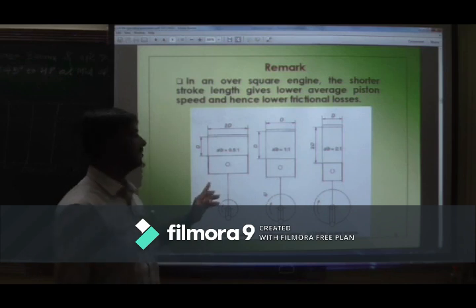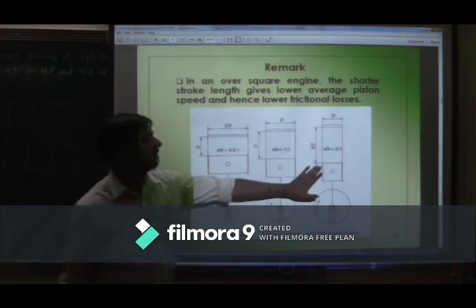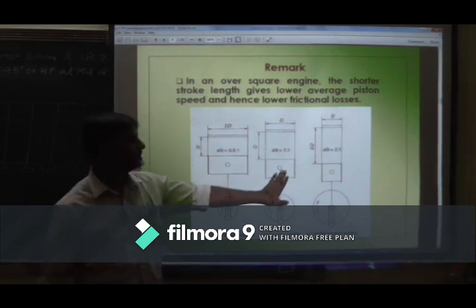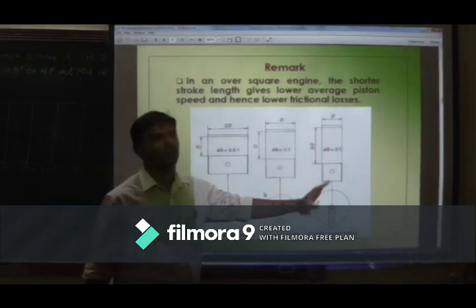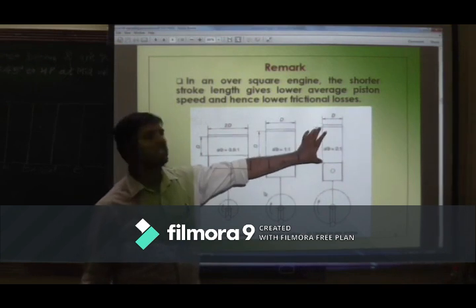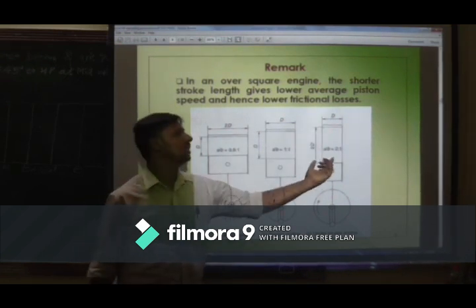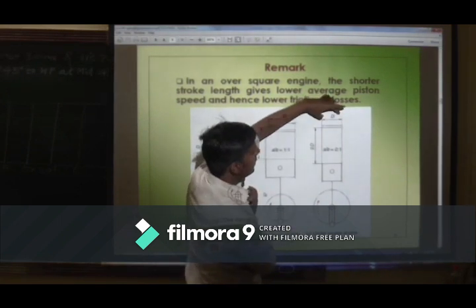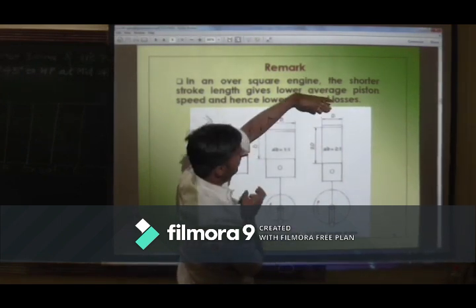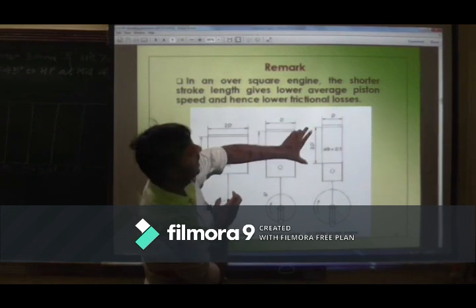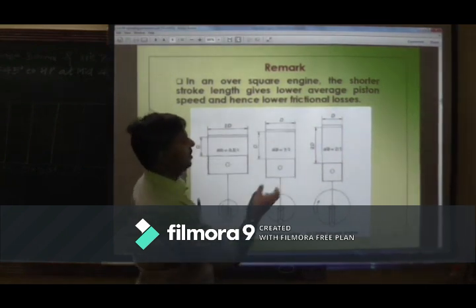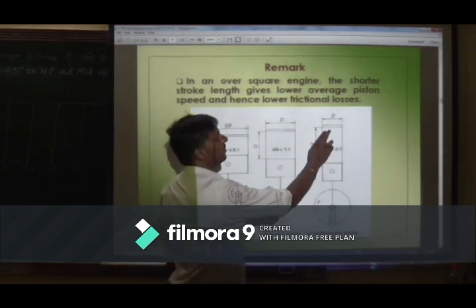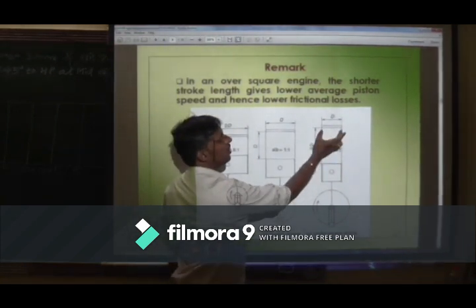Okay. Now, if you compare under square, over square, and normal engine, that is square engine. Normally we use under square engine. L is always greater than D. Why do we keep L greater than D? If you see, L is greater than D, D is smaller. Here they are showing L is 2D, that is a specific measurement. So why is it kept smaller?